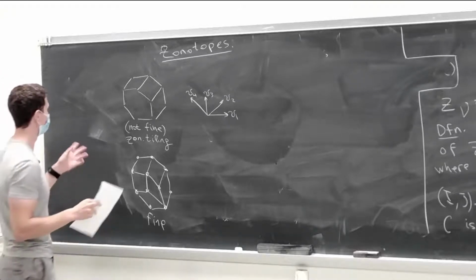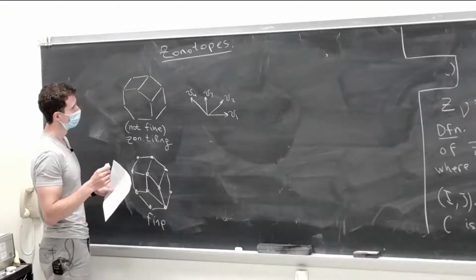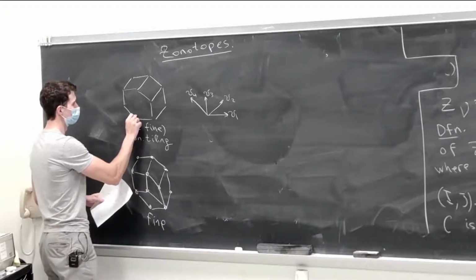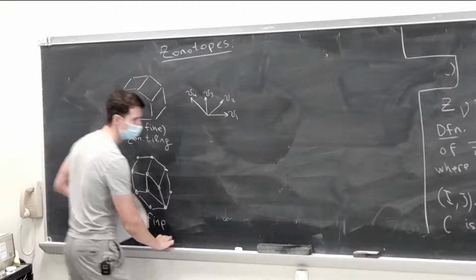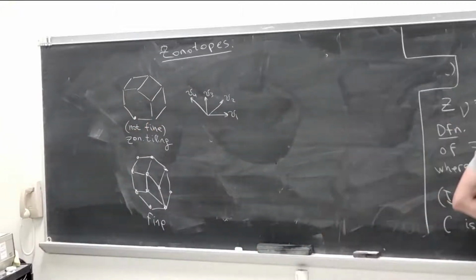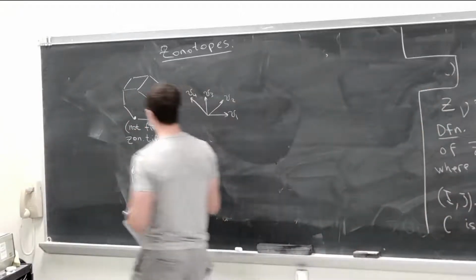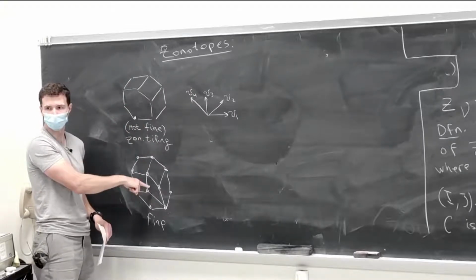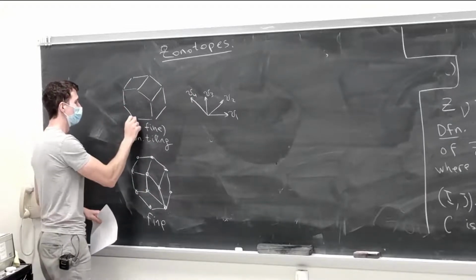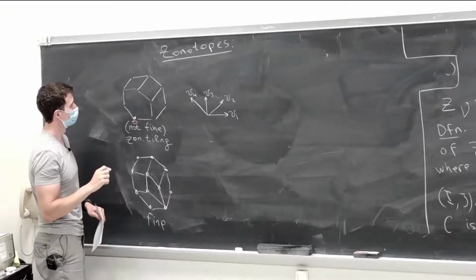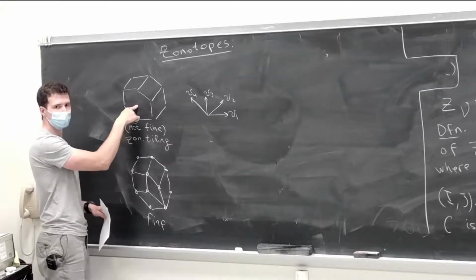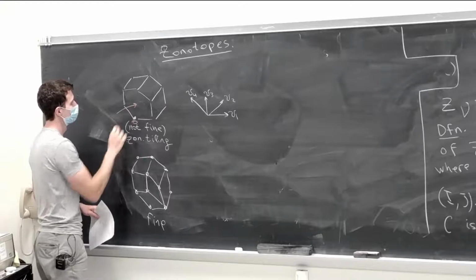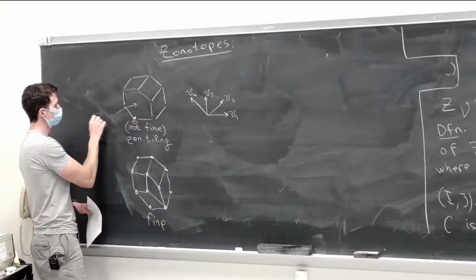All right, let's actually try it. Let's say this is the origin. Which tiling do you want me to label? This one or this one? The top one. Okay, let's say this tile here. What are the I and J sets?